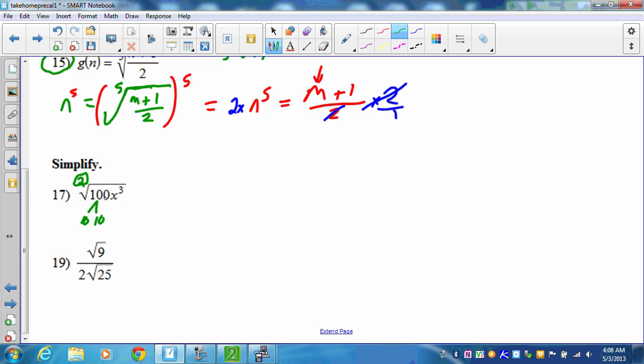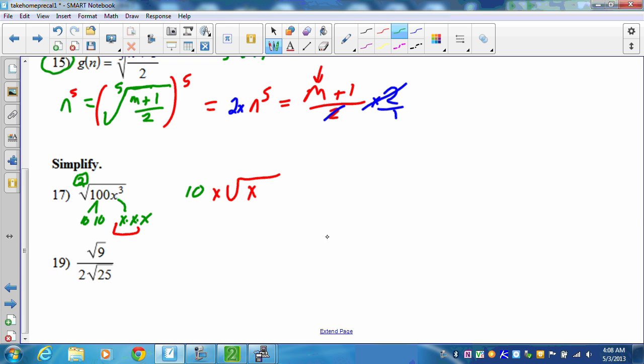So of course 10 times 10 is 100, so 10 gets to come outside of the square root, and we have x to the third, which means we have x times x times x. And since we're looking for just even pairs on this one, square roots, your x comes out, and that leaves that last x inside the square root. So hopefully that was a pretty easy problem.